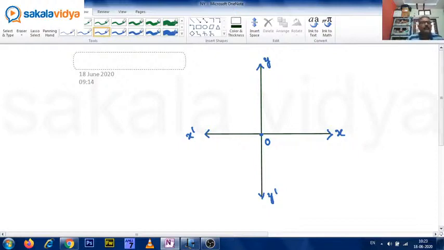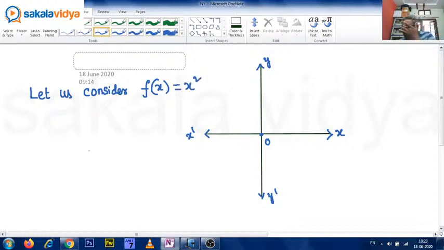So now let us consider f of x equals x square. F of x is equal to x square means the graph of f of x equals x square we need to draw. For example, say x and y.